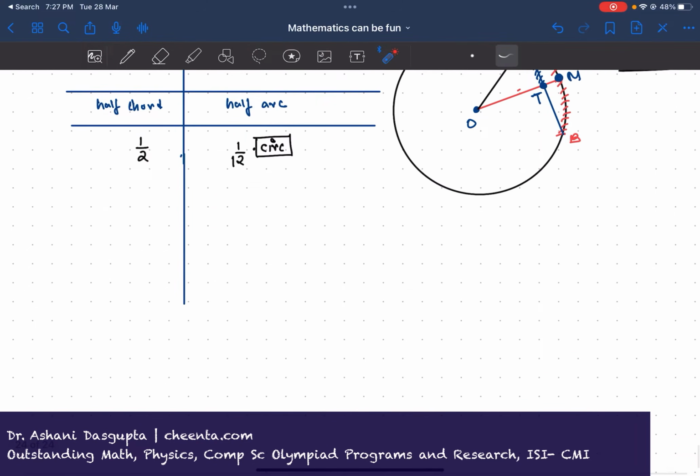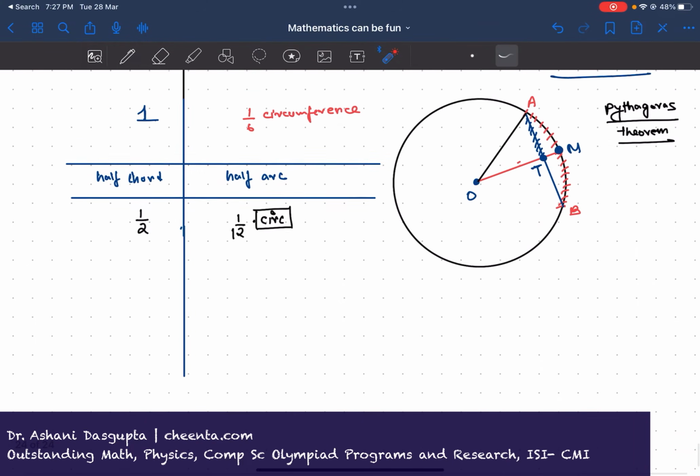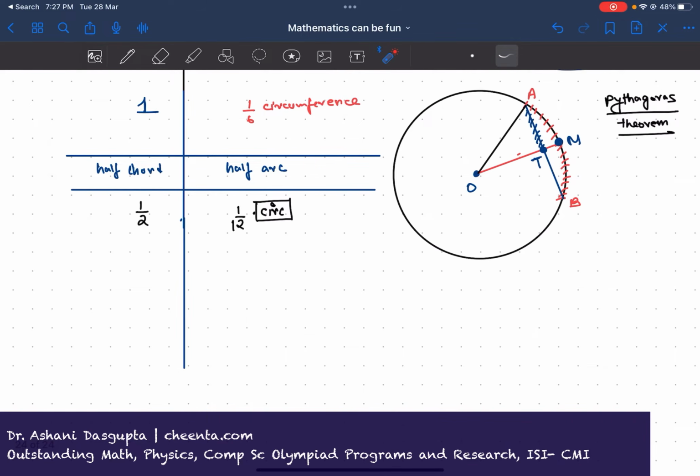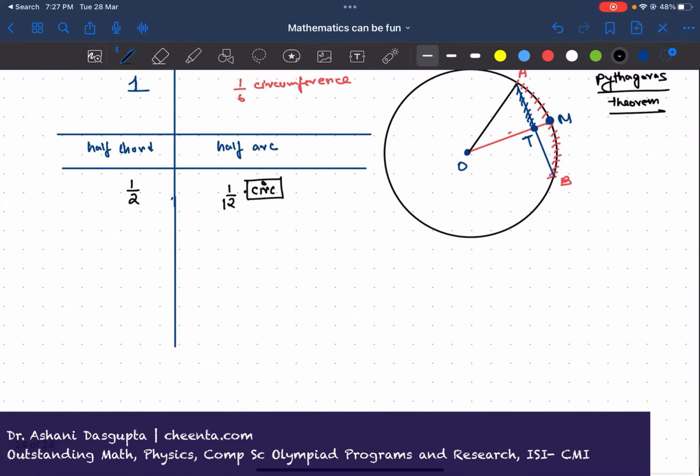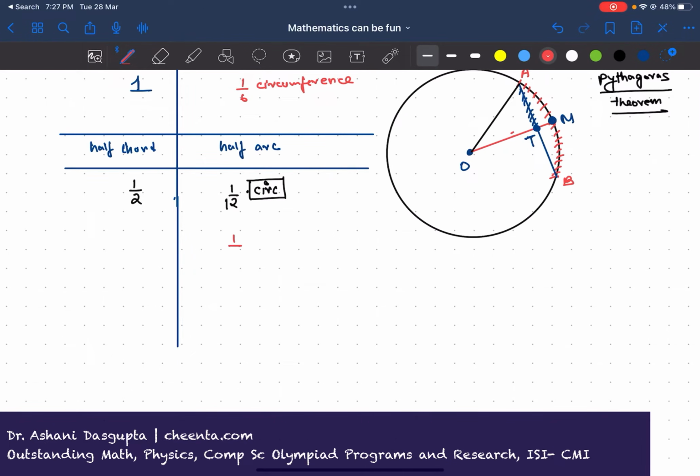Next, let's do a little bit more calculation. What if the half arc is 1/6 of the circumference?